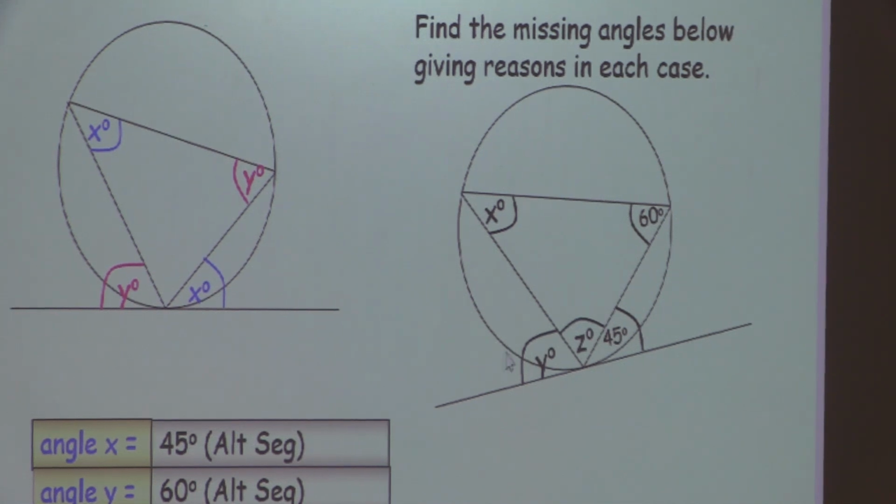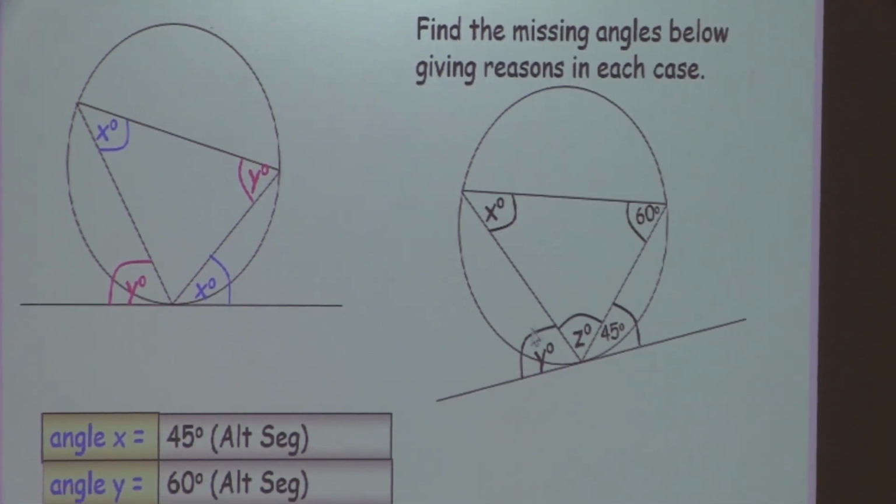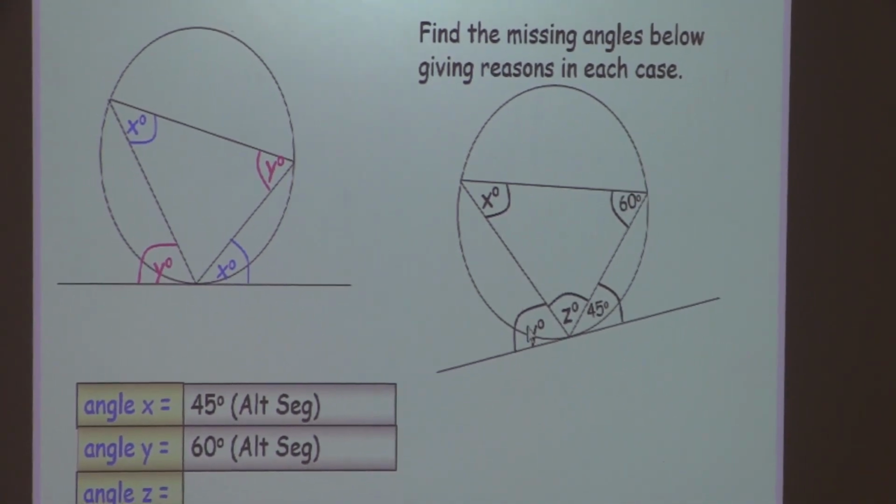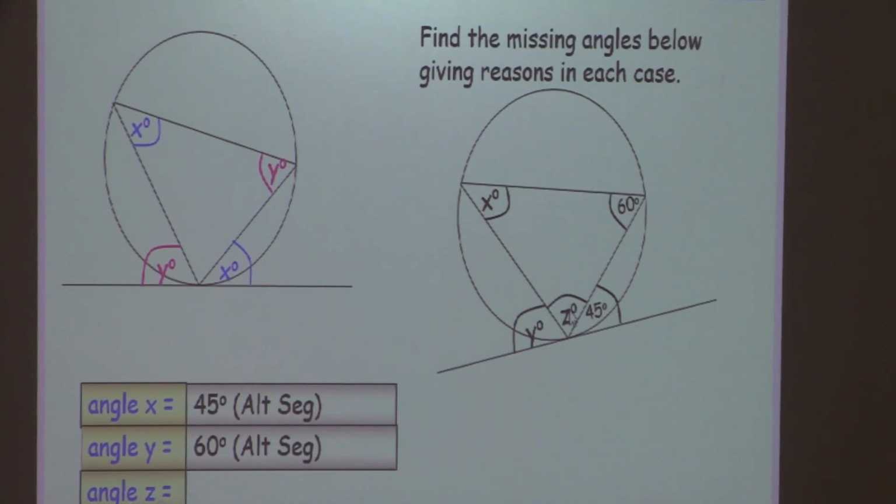So this is a straight line. The angles on a straight line are supplementary. So 45 plus 60 plus z will be equal to 180. That's one option. Option number 2, remember this is also 45. 45 plus 60 plus z will be 180 if I'm using the sum of interior angles of a triangle. So I'm spoiled with choice.